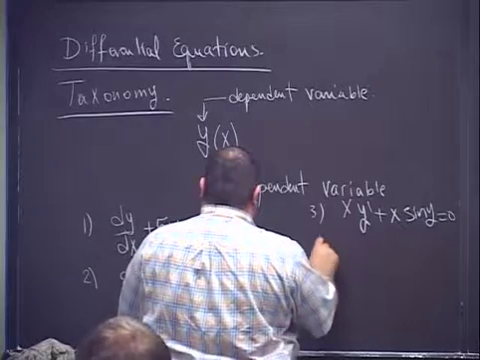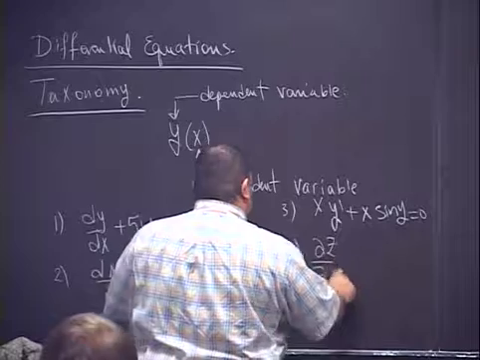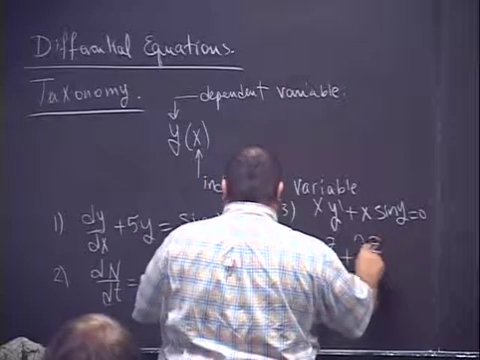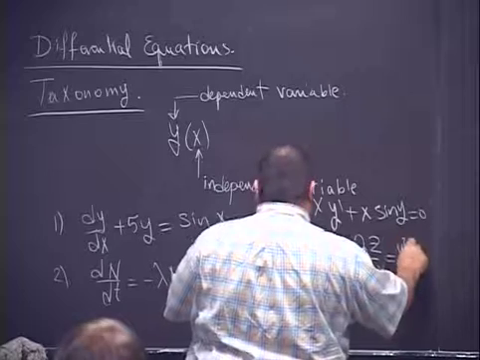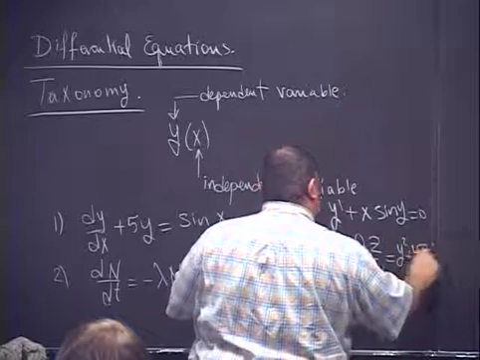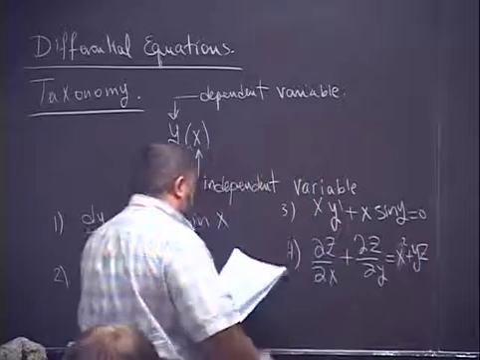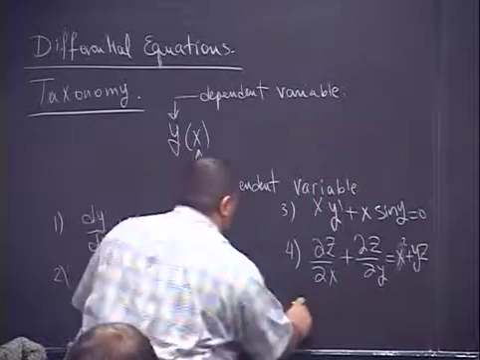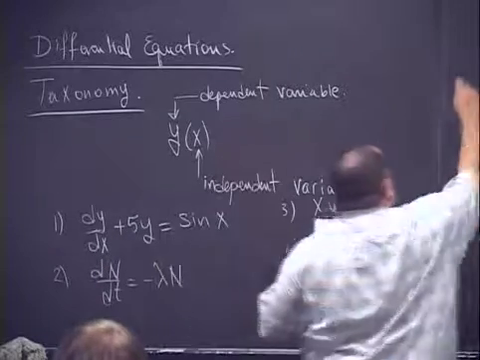Number 4: dz by dx plus dz by dy is equal to y squared plus x squared plus yz.